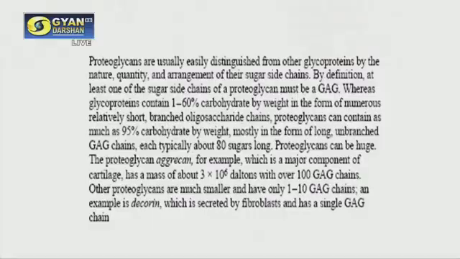What is that difference? Glycoprotein contains 1 to 60% carbohydrate by weight in the form of short branched oligosaccharide chains. But proteoglycan contains as much as 95% carbohydrate by weight. So in case of proteoglycan, actually the carbohydrate component is more.